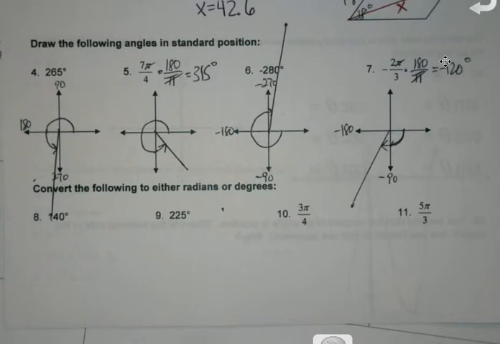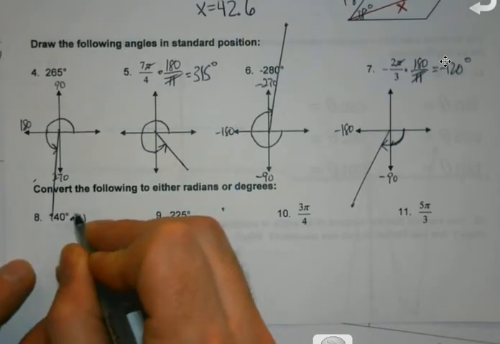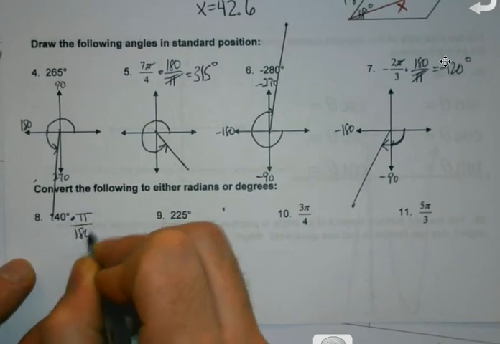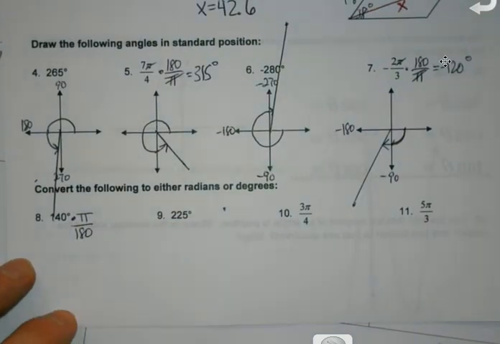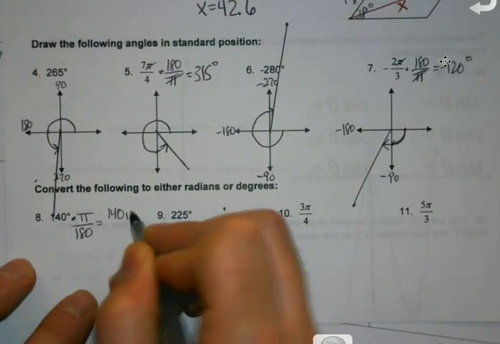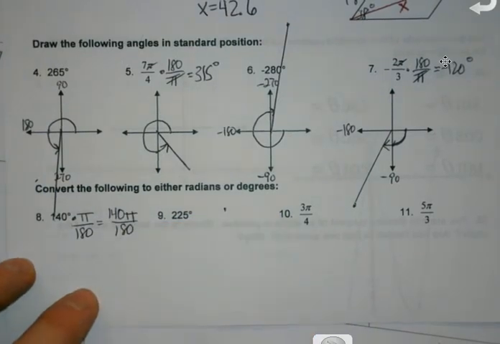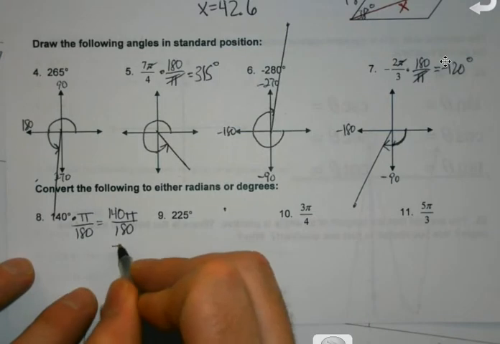Convert to degrees or radians. I would hope this one's not a bad one for you. If I want to go to radians, I do pi over 180, and I simplify the fraction part down as far as I can.